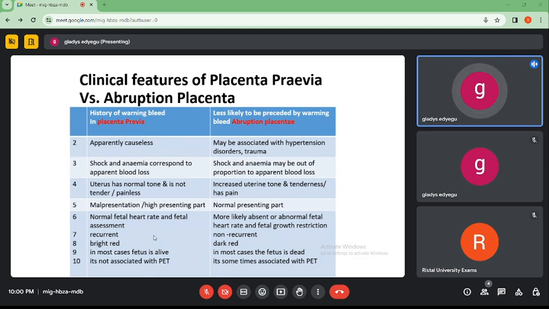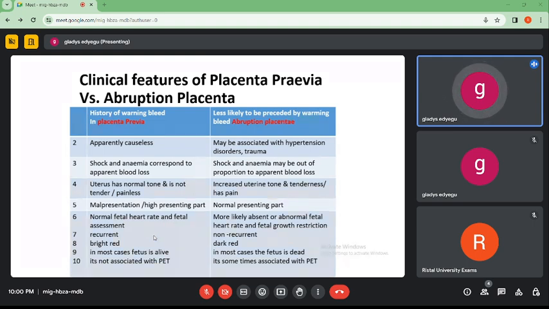In placenta previa, the uterus has normal tone and is not tender, and there is no pain. But in abruptio placenta, there is increased uterine tone and tenderness, and also there is pain. Then in placenta previa, there's malpresentation and a high presenting part, because the placenta has covered the lower segment. In abruptio, there's a normal presenting part because the lower segment is free and this baby can even engage.